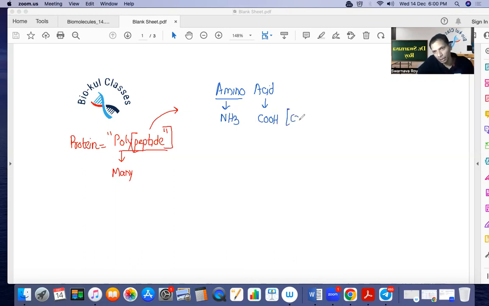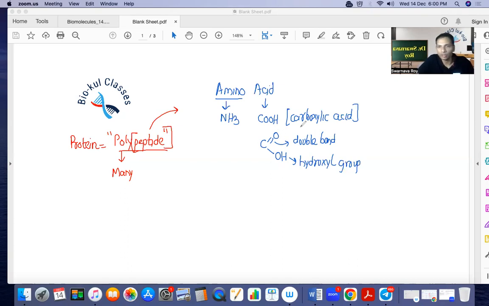This is called the carboxylic acid group, COOH. The carbon is bonded with oxygen with a double bond, and there is a hydroxyl group.